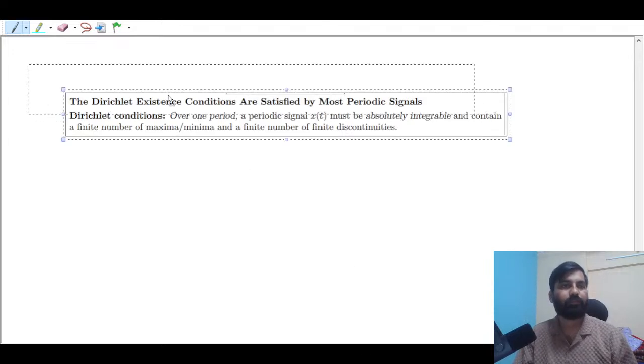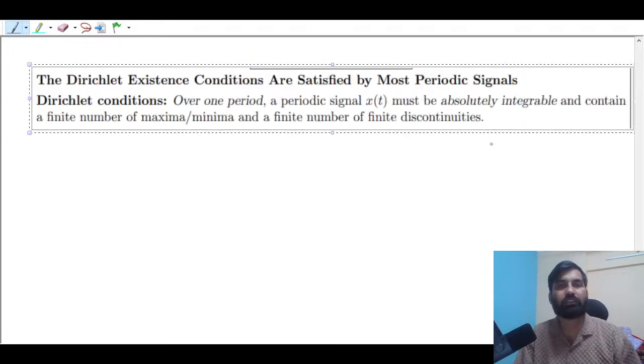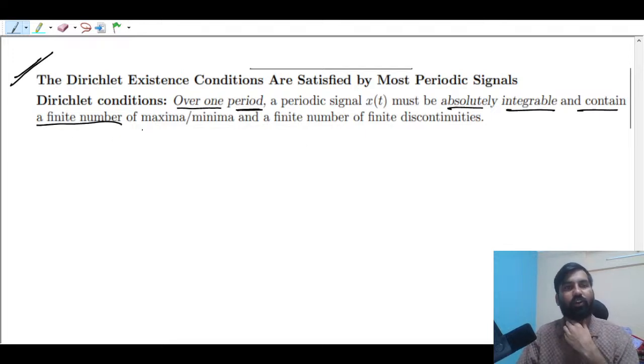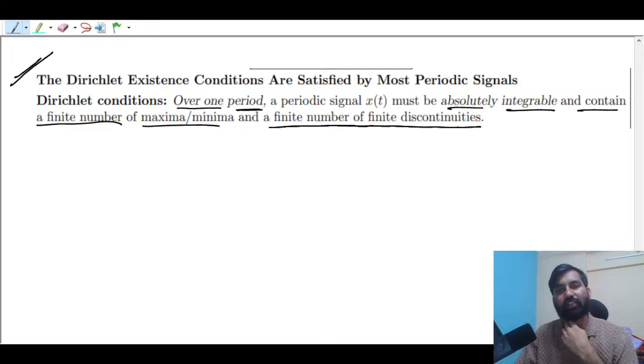So Dirichlet conditions are satisfied by most of the periodic signals. Dirichlet conditions over one period. Remember, you have to always check over one period. A periodic signal x(t) must be absolutely integrable and contain a finite number of maxima and minima and finite number of finite discontinuity.